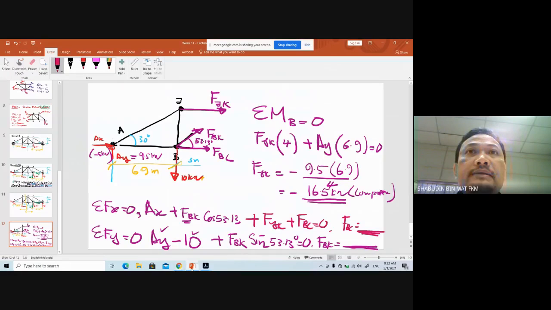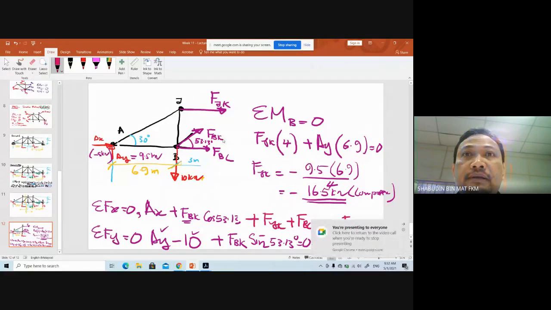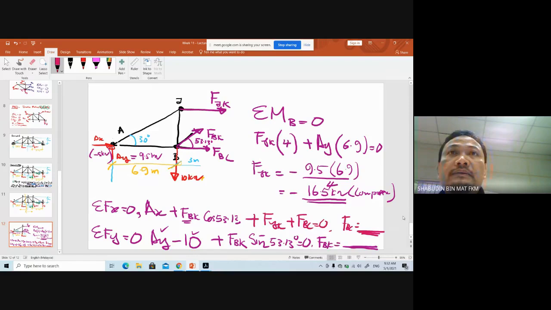AX plus FBK cos 53.13 plus FJK plus FBC equal to 0. Summation of force in Y equal to the AY minus 10 plus this. Okay. Get that to me.